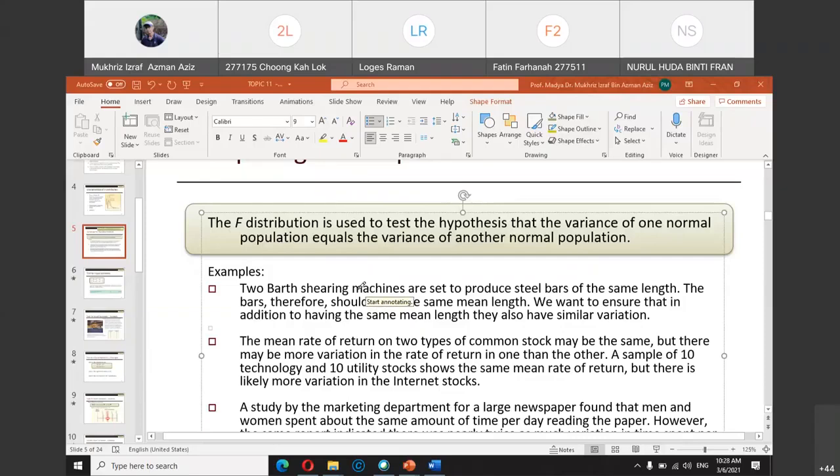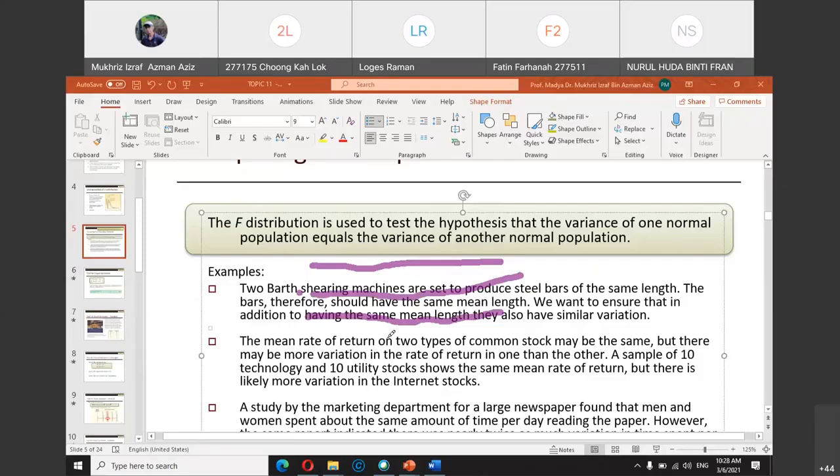So basically, standard deviation or variance measures how dispersed the data is. In a situation like this, the mean should be equal, but the company wants to know if the variation is also equal, meaning that from one steel bar to another, the variation between one bar and another should be as minimum as possible.